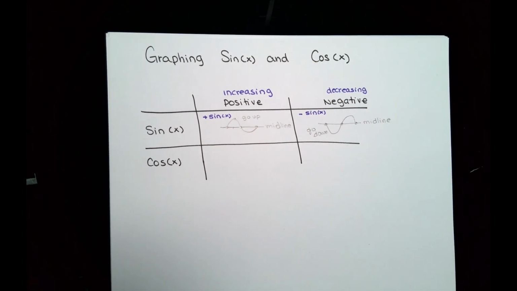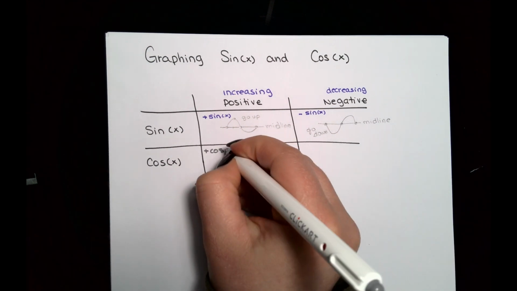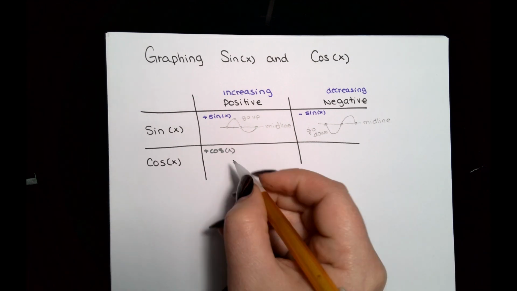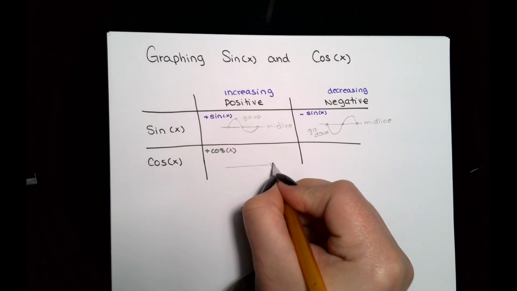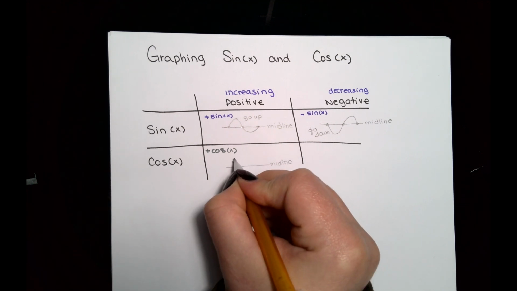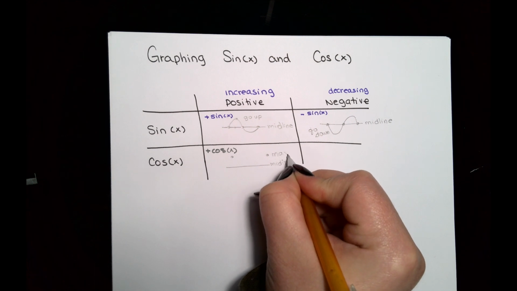For cosine, if you have a positive A value, the characteristics of a cosine is that, here's your midline, you're actually going to start and stop on the maximum.